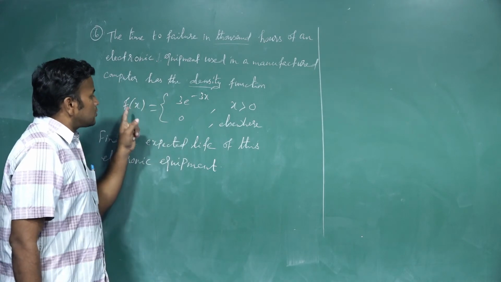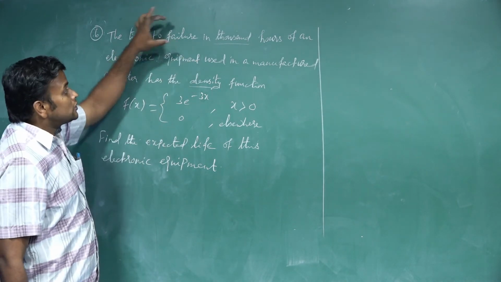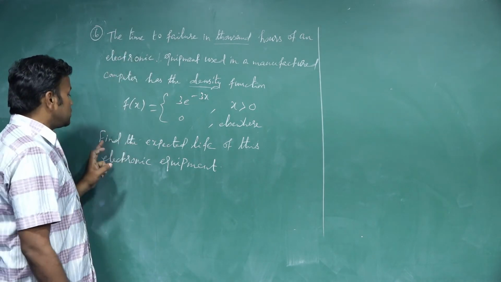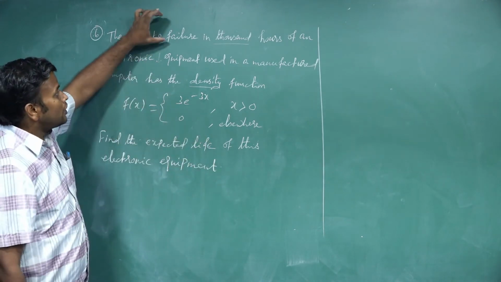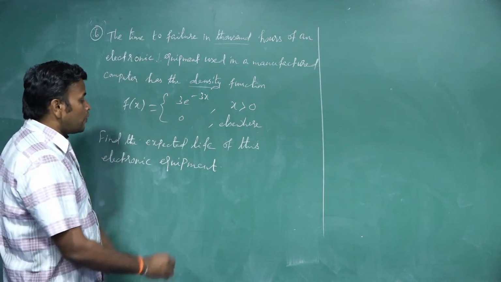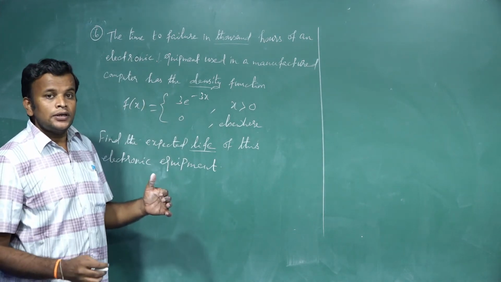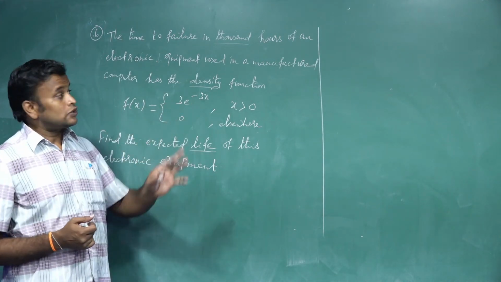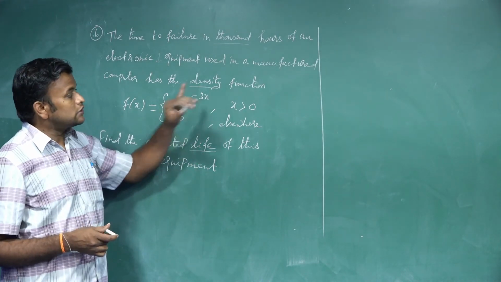It is given as a function value, the time to failure. Actually, the given one is the time to failure. Then our question is to find the expected life of these electronic equipments. So the failure statement is given, to find the expected life statement. So first we find the expectation of the failure. It falls under a density function.